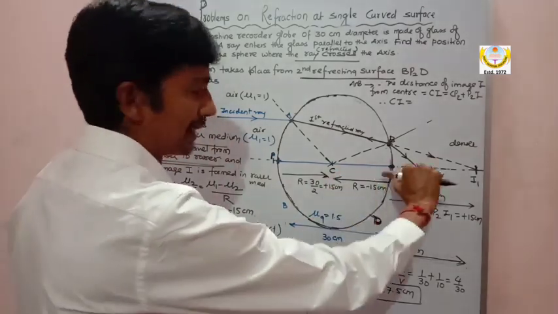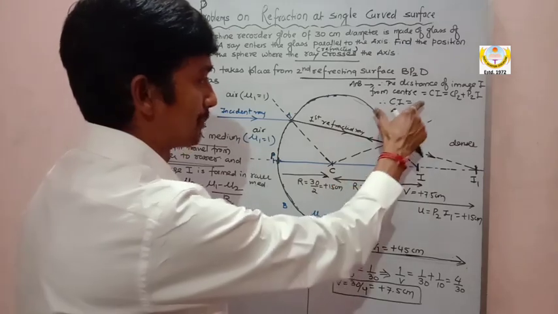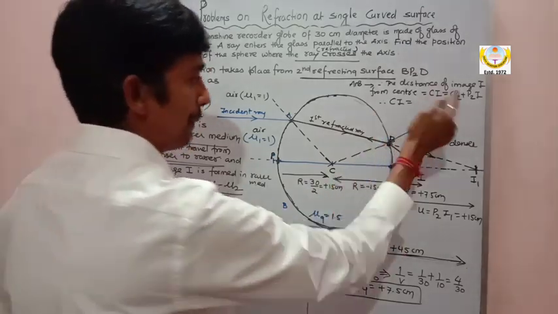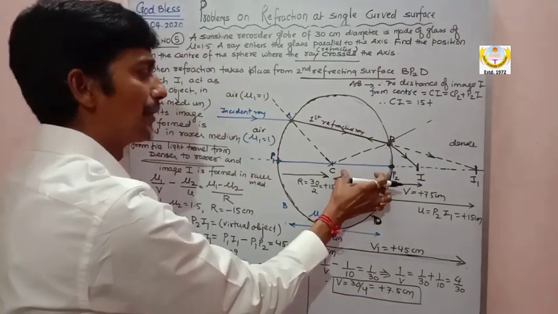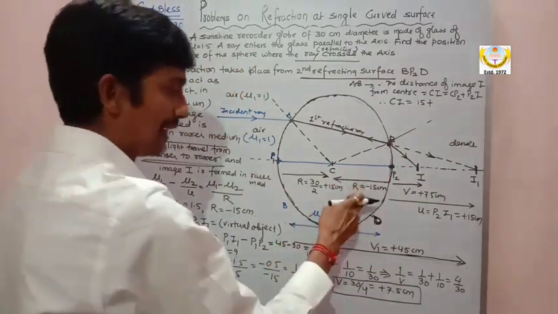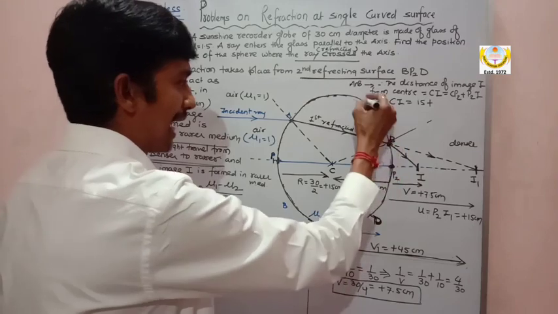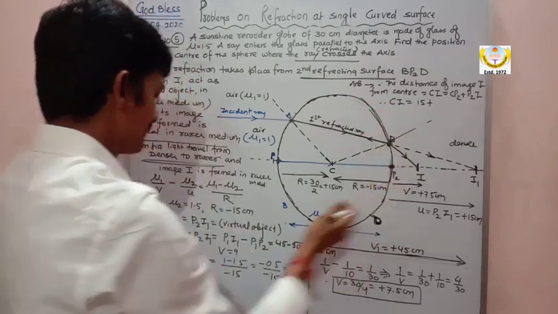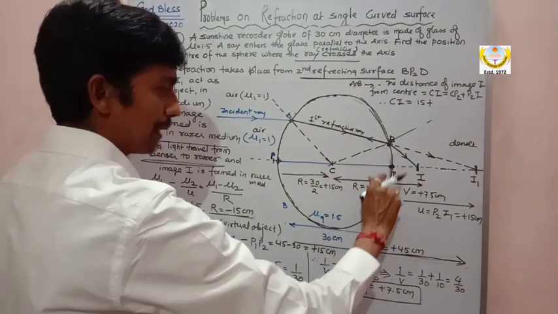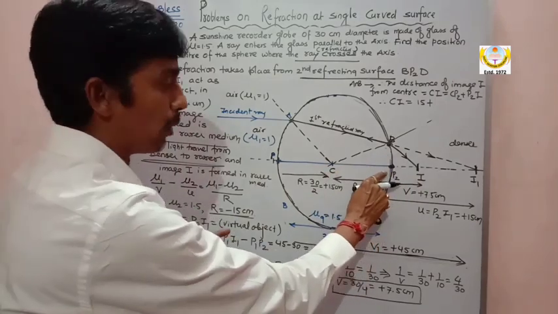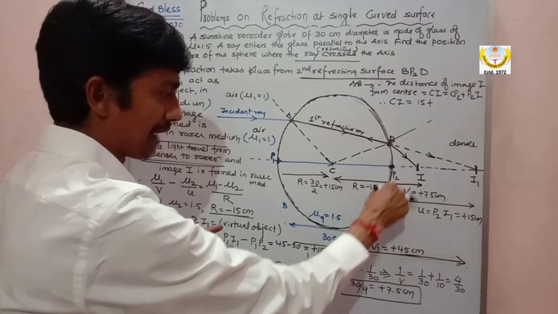I am not applying the sign convention, so I will not substitute minus 15. CP2 is 15, because earlier I applied the Cartesian sign convention and took minus 15 as the radius of curvature, measured from the pole.